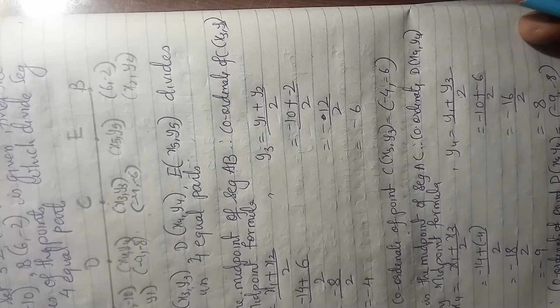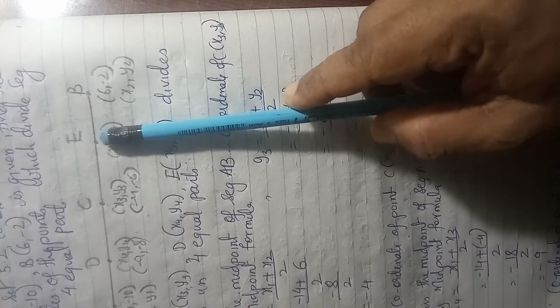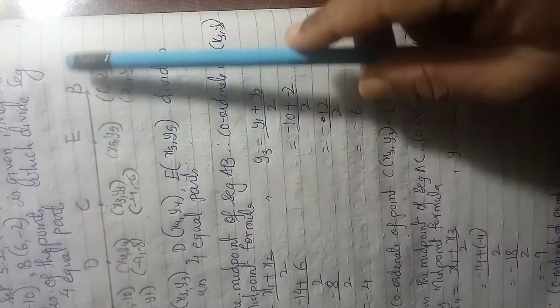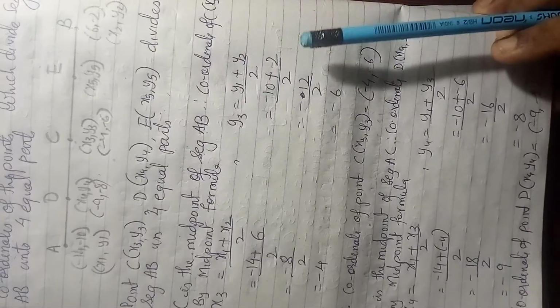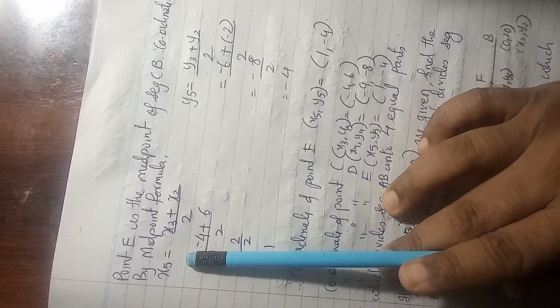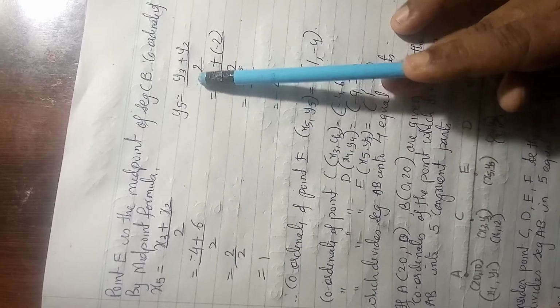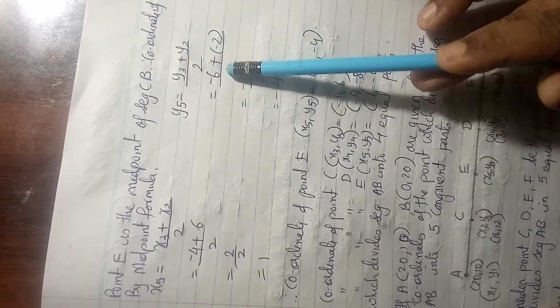Similarly, we can find the coordinates of point E. We consider E the midpoint of seg CB. So by using the midpoint formula, x5 equals (x3 + x2) upon 2, and y5 equals (y3 + y2) upon 2.